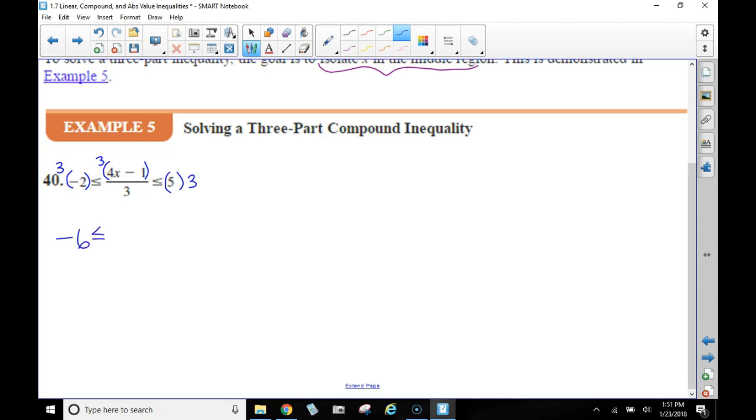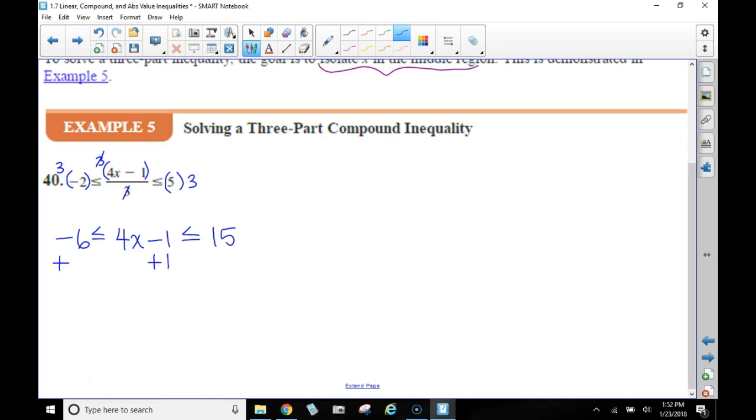Bring down the less than or equal to. In the middle, the 3's will reduce. What's remaining is 4x minus 1. Bring down the next inequality symbol, which is less than or equal to. 5 times 3 is 15. Okay, next let's add 1.